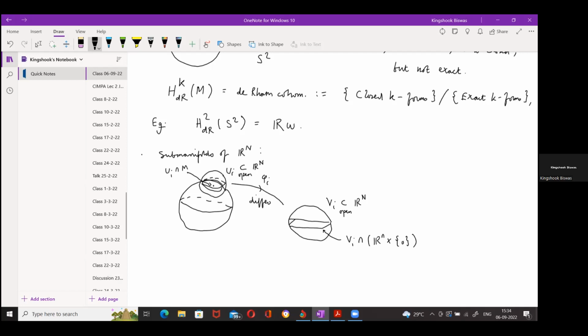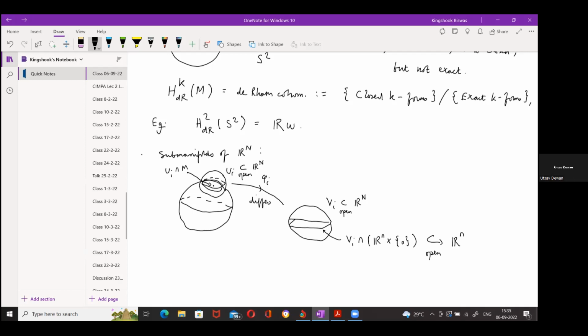Is the picture clear? Yes, sir. Okay, so I can straighten out the manifold near each point. So this will give me charts basically, because this is identified with an open subset in R^n. Is it clear?